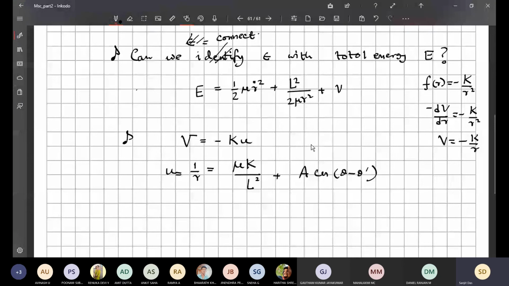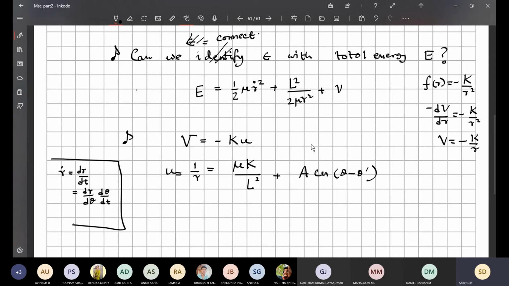Correct? Now if this is my U, what is my R dot? Quickly compute on the other side. R dot is nothing but dr by dt. So I can write it in this format, dr by d theta times d theta by dt. All these things we have done earlier.